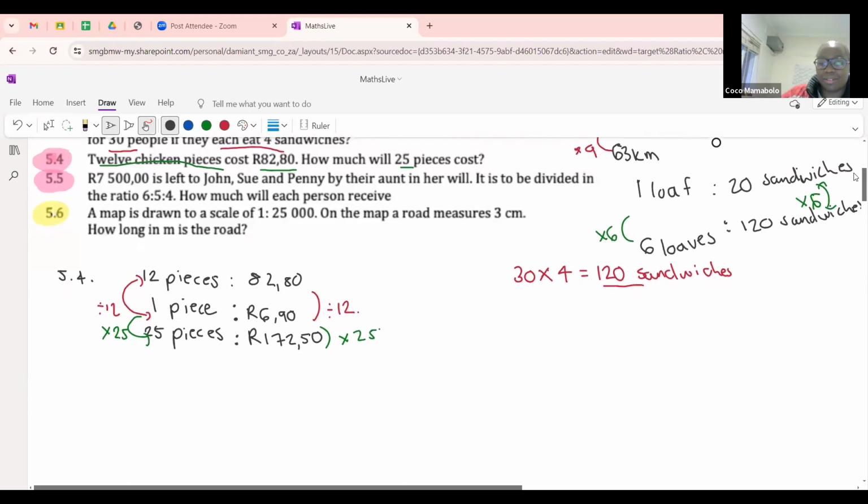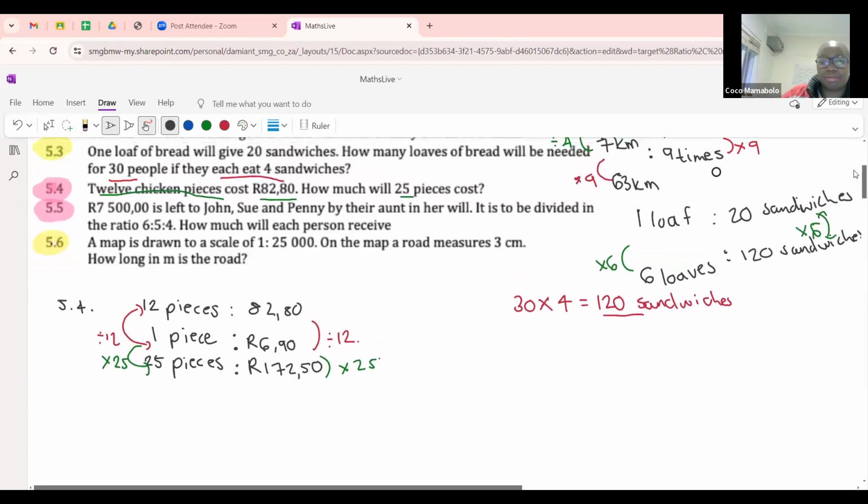So what I did was I said 6 plus 5 plus 4 is equal to 15. Good. It's a sharing question. Are we sure it's 15?